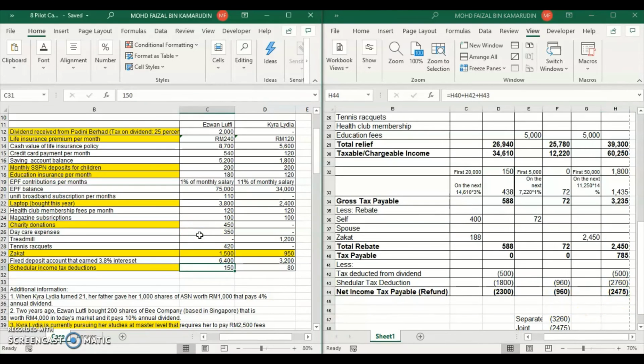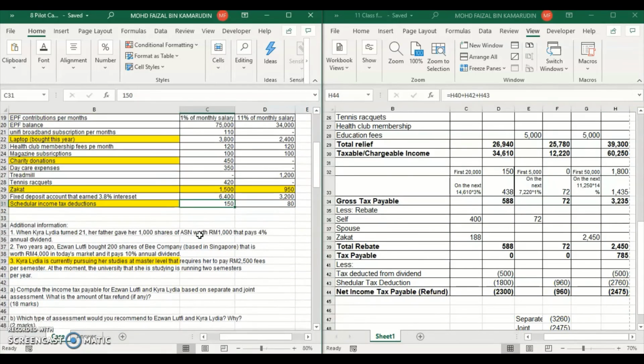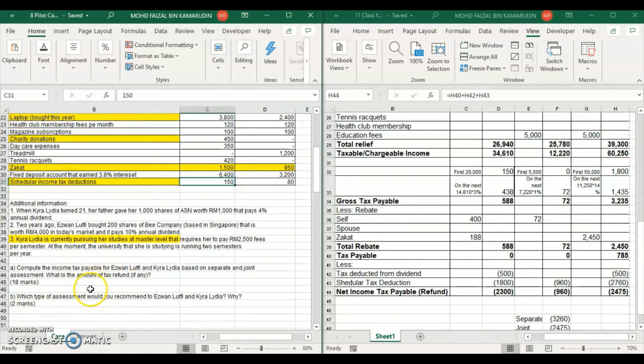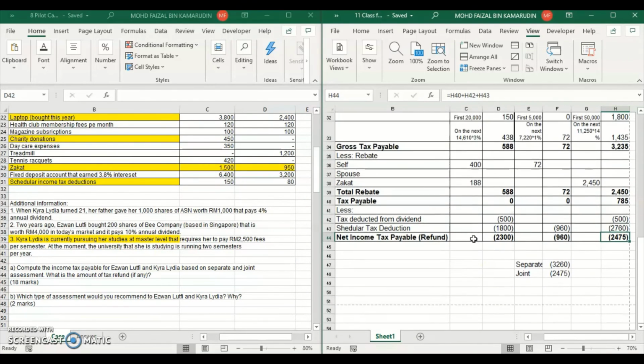If you still recall, they asked us which type of assessment we would recommend. Obviously we go for the one where you have to pay lower. In this case, if you go for separate, you are getting a refund of 3260. If they opt for the joint assessment, they have to pay 2475.